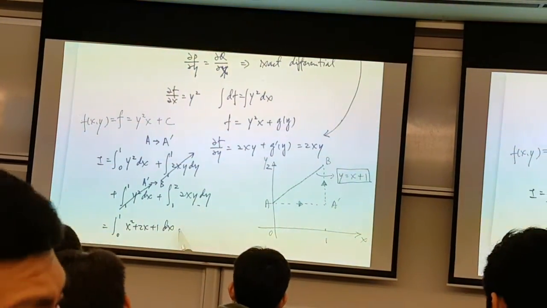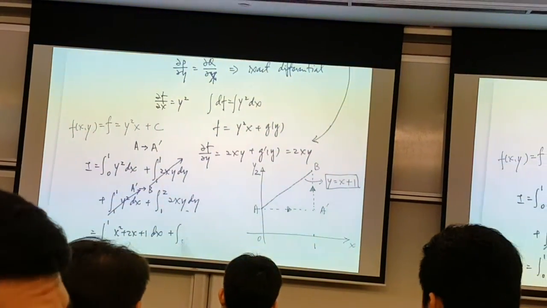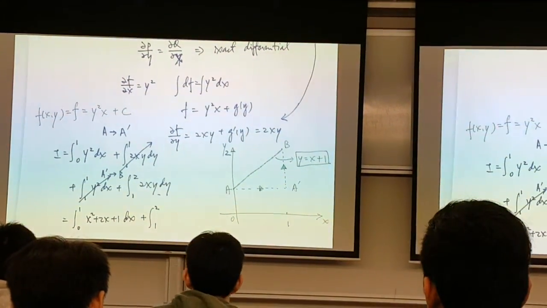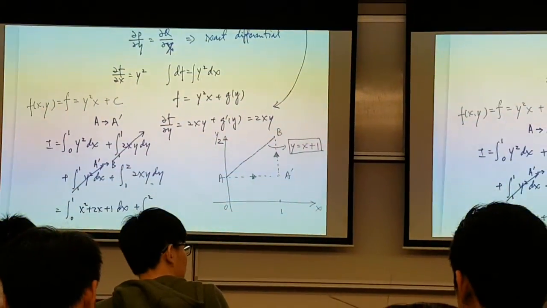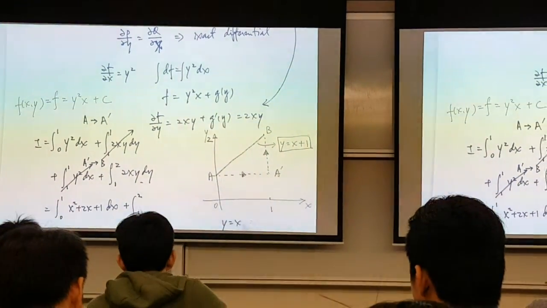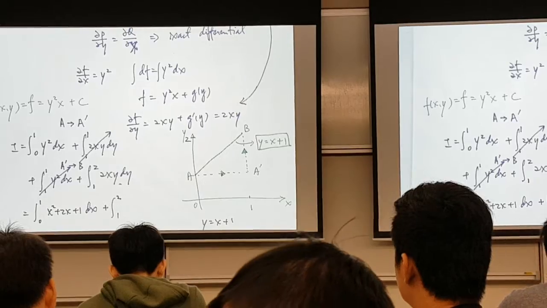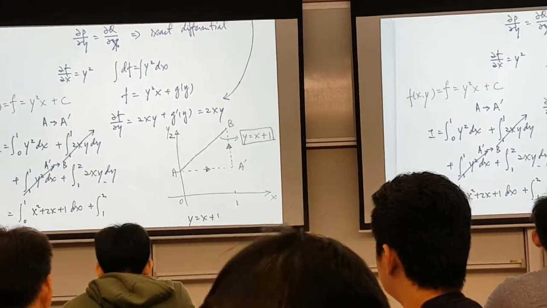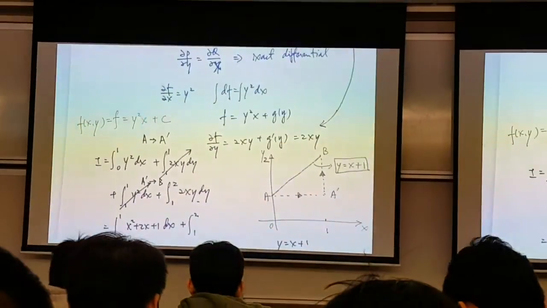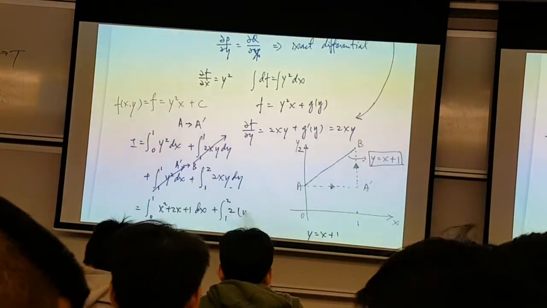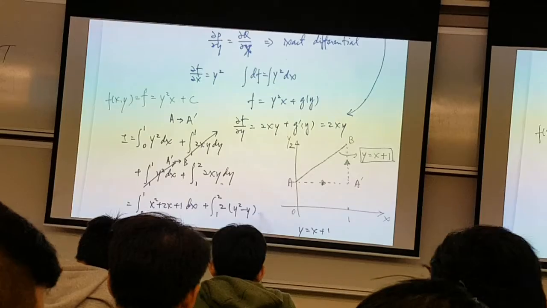Okay, and then the second portion, plus 1 to 2, this is actually 2xy dy. Okay, so you have y is equal to x plus 1, so this becomes x is equal to y minus 1. So you have 2 of y squared minus y dy.